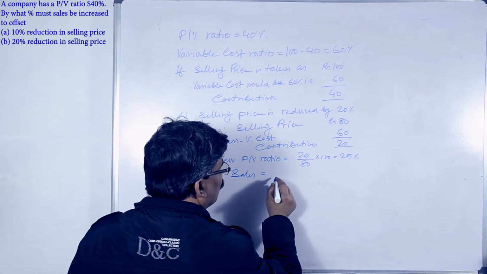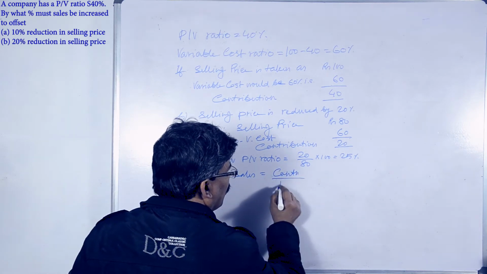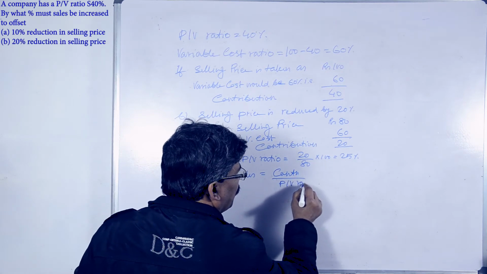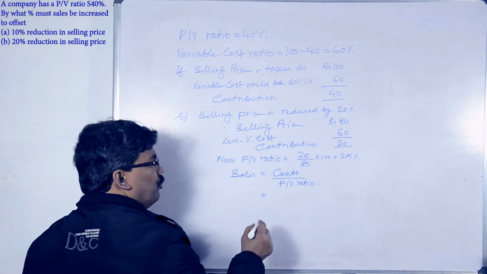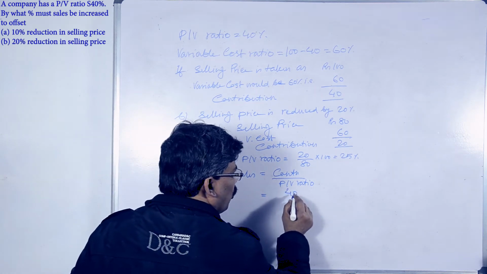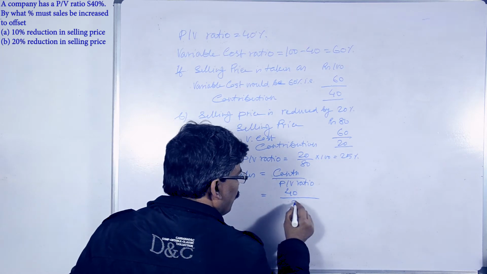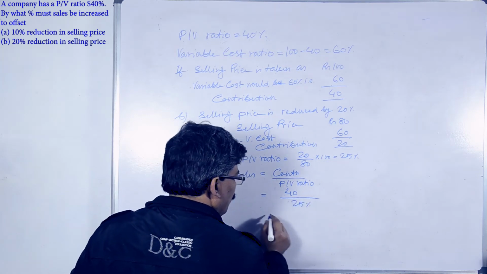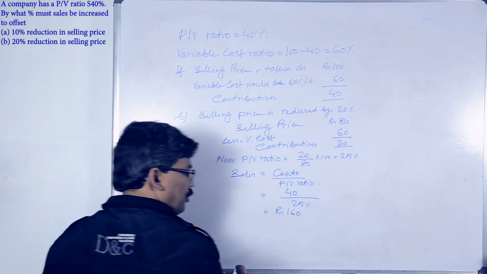Sales equals contribution by PV ratio. In this case, contribution is to be taken as 40 because we have to offset the reduction effect, and new PV ratio came out as 25%. Therefore, sales should be rupees 160.